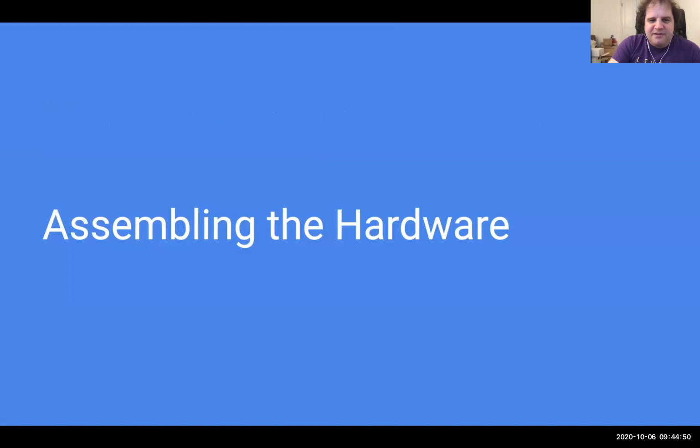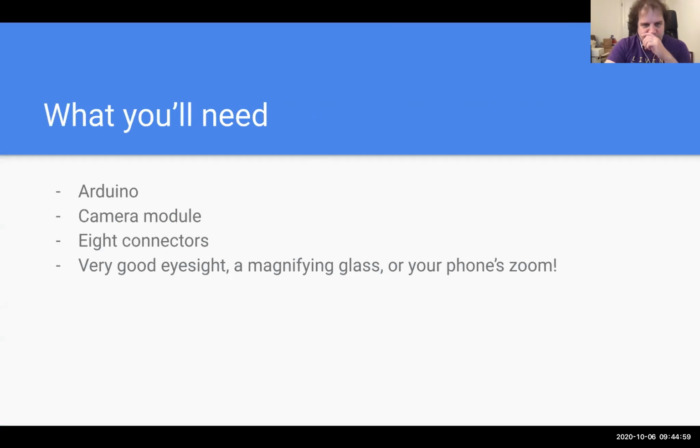So I'm going to start by trying to help get the hardware actually assembled. So what you'll need is the equipment that I mentioned before. The trickiest part of this is actually being able to read the silk screen labels on the Arduino and on the ArduCam board itself.